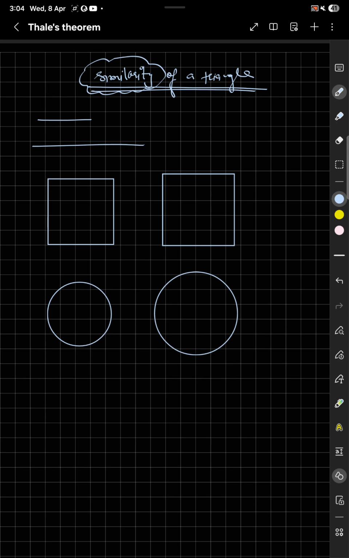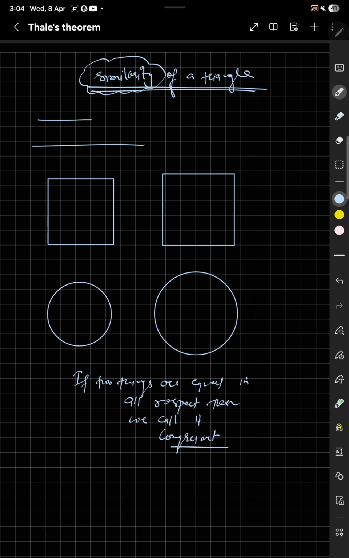If two things are equal in all respects, then we call it congruent.